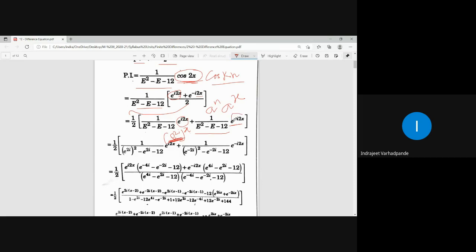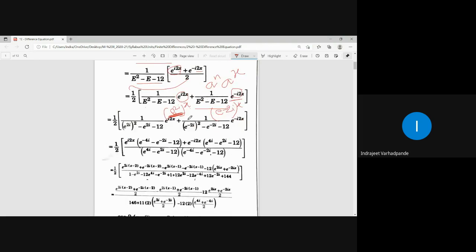Here every E will be replaced by e to the power minus 2i, because (e to the power minus 2i) whole raised to x is written as e to the power minus 2i x, right? Though I have written it as minus i2x, it can be called e to the power minus 2i. So everywhere I will have to replace E by e to the power 2i.